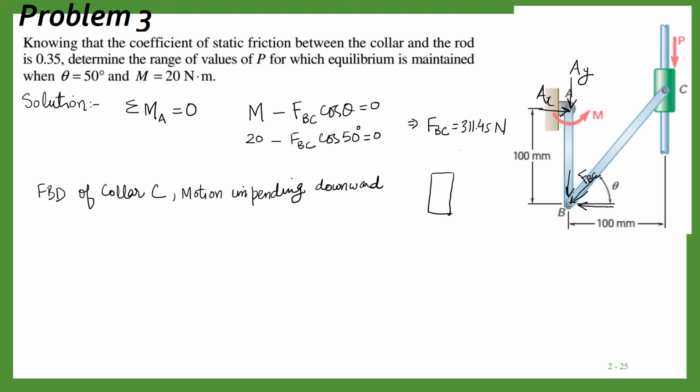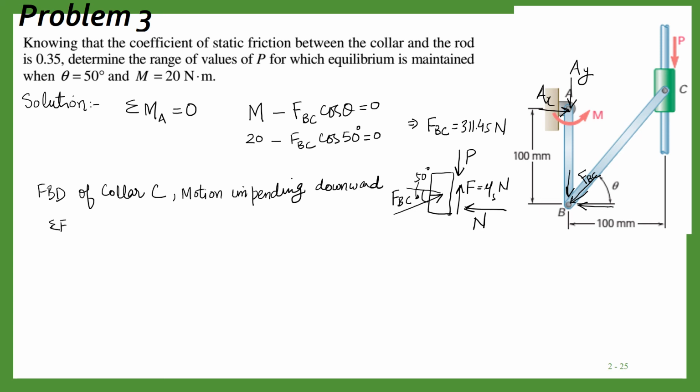We have this force P. If motion is impending downward, then the friction force will act here, and this friction force will be mu s into N, and we will have N, normal, and then we have this force FBC, and this angle is 50 degrees. So now we have all the forces that are acting on the collar.